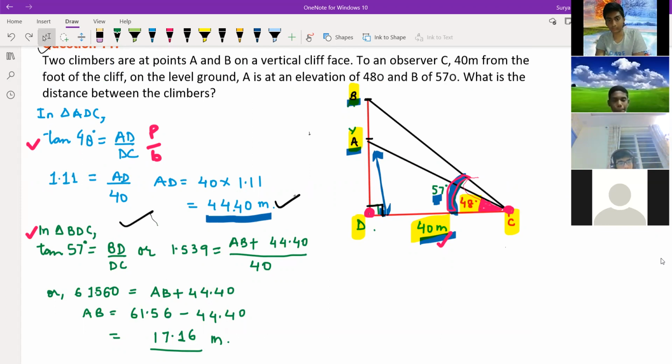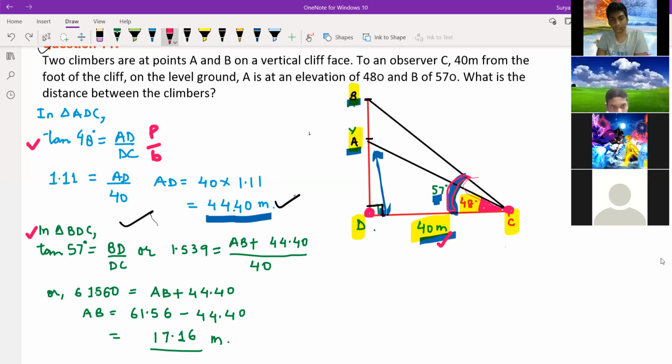Here I used the calculator for tan 57 and tan 48 and I got the values. So in a single line you are using tan 48 as well as tan 57. Yeah. Okay. It is almost the same thing, right? Yeah, but it takes much less. It reduces the process.